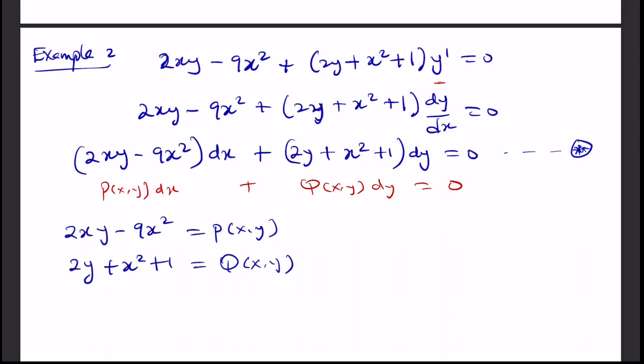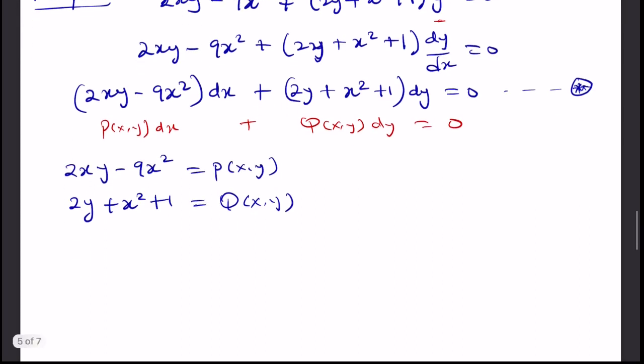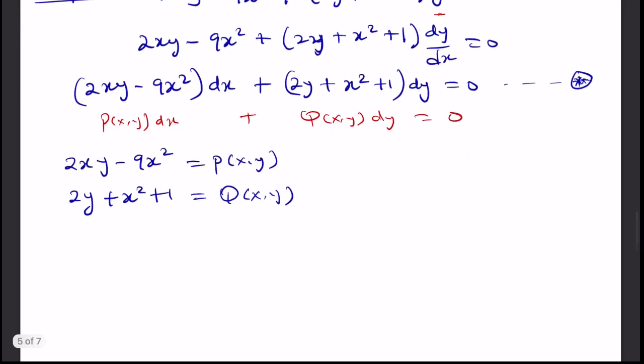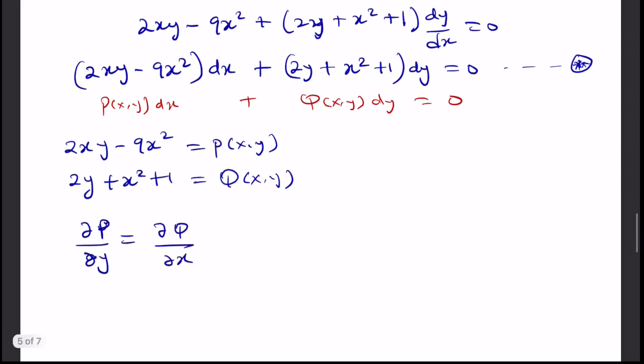So having gotten those, we have to check if it is exact. To check if this equation is exact, we have to prove that del P del y is equal to del Q del x. We have to prove that.